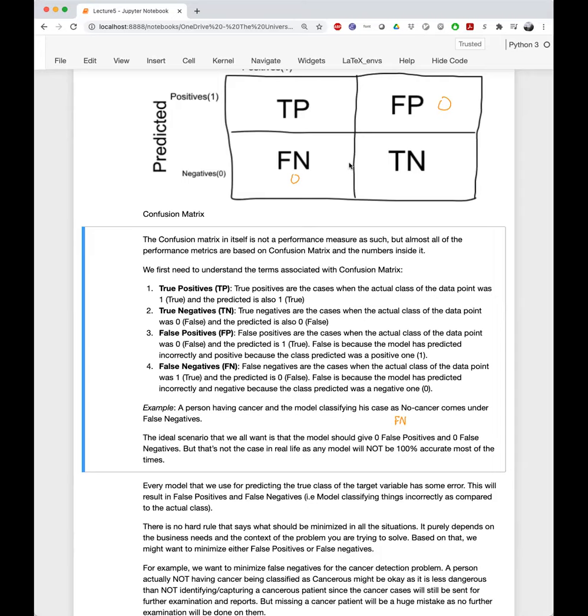This is the ideal case. But in real life, you don't have a model that works that well. So these will be numbers greater than 0. That's in practice.